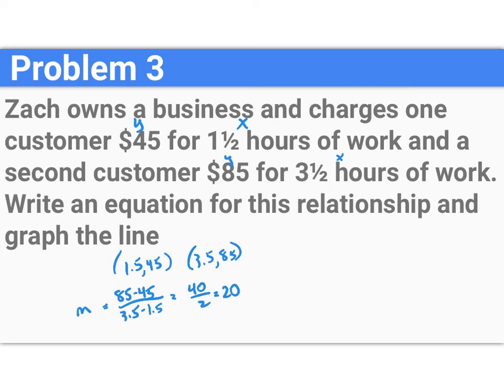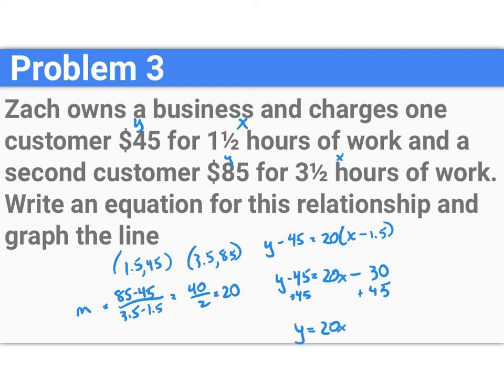Okay, so now we take y minus 45 equals 20 times x minus 1.5. y minus 45 equals 20x minus, what's half of 20? 30. So minus 30. Add 45 to both sides. y equals 20x plus 15.